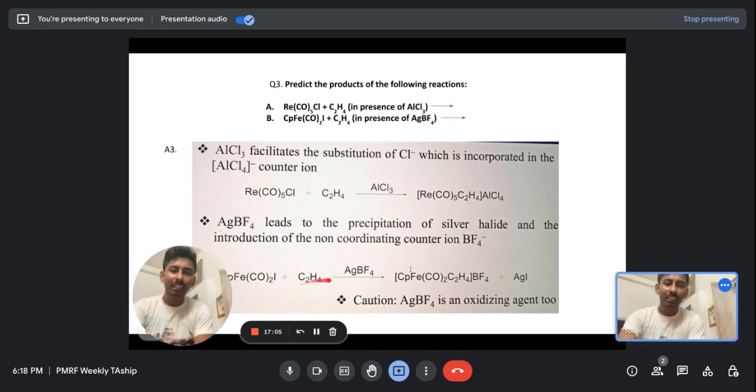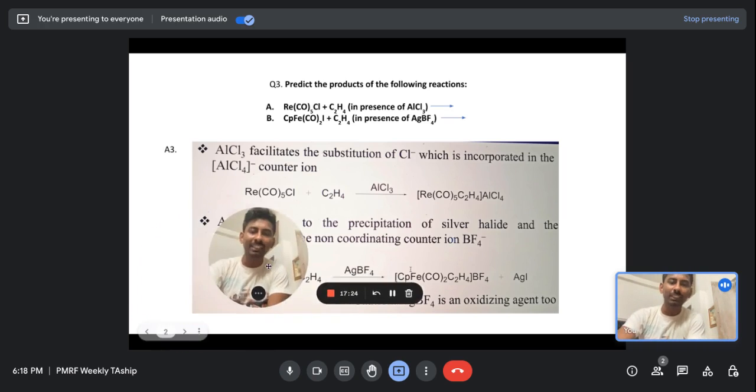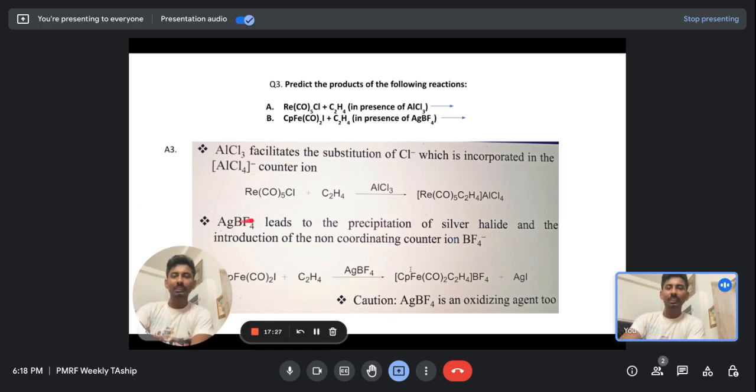What happens in this case is that Ag plus captures the iodide, and first it forms the cation, that is CpFe(CO)2 plus. Because AgI has a very low KSP, or solubility product value, AgI first gets precipitated out, and then C2H4 attacks the vacant site created when the iodide is released, and we form the complex CpFe(CO)2(C2H4) plus and BF4 minus.